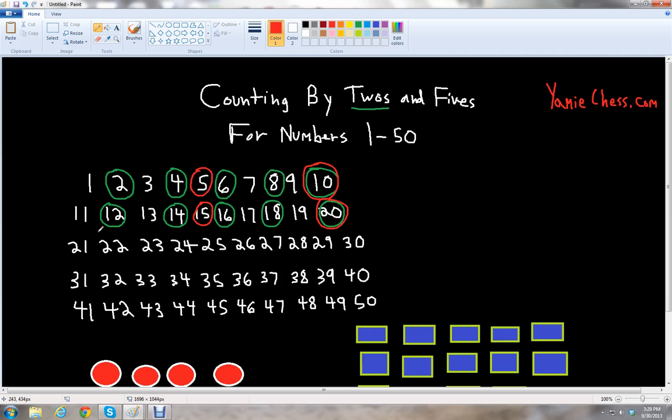And the next one will be 1, 2, 3, 4, 5, we have 25. And then so on. So you're just counting by fives, moving 5 each time.